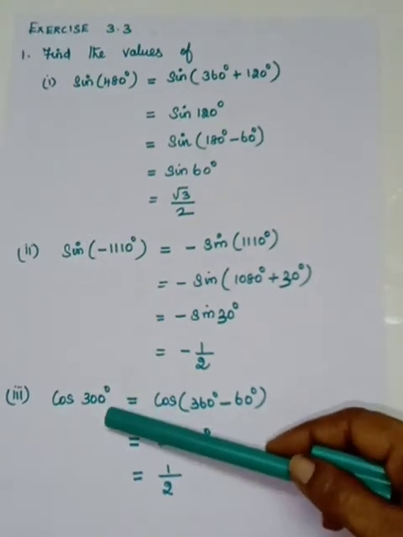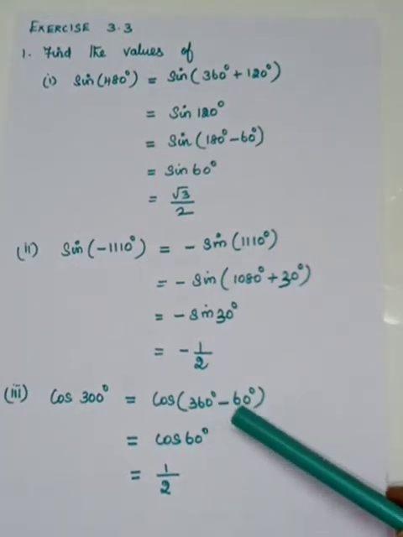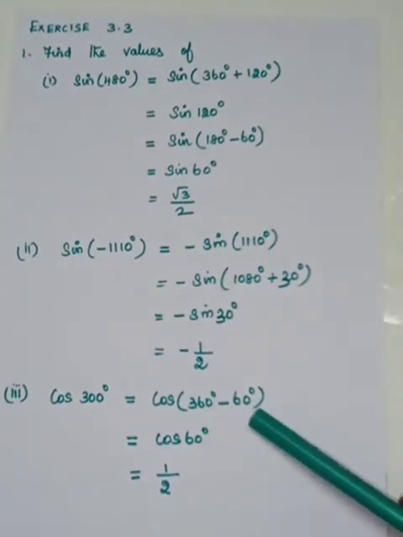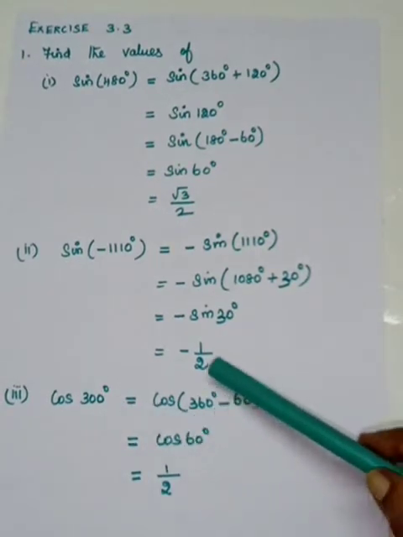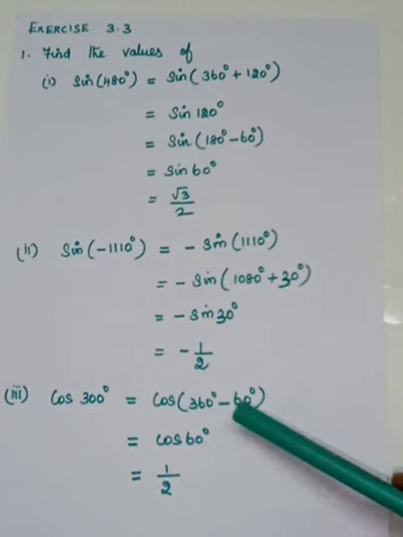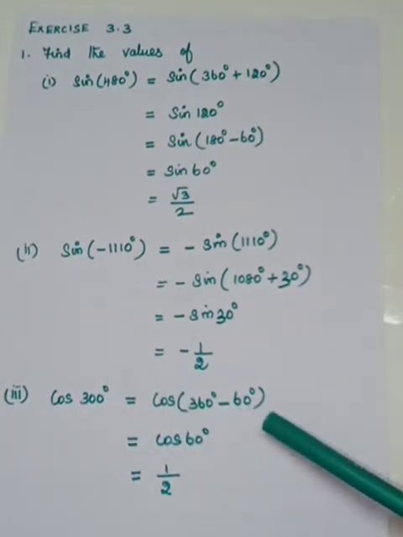So you have to write this angle in terms of 180 degree plus or minus, 270 degree plus or minus, 360 degree plus or minus. So here I have written 360 degree minus 60 degree. 360 minus 60 degree is 300. After writing in this way, the angle is written as 360 degree minus theta.